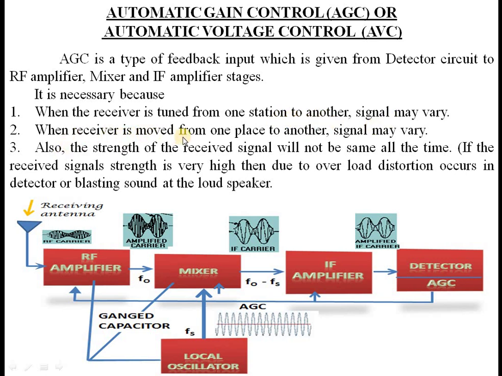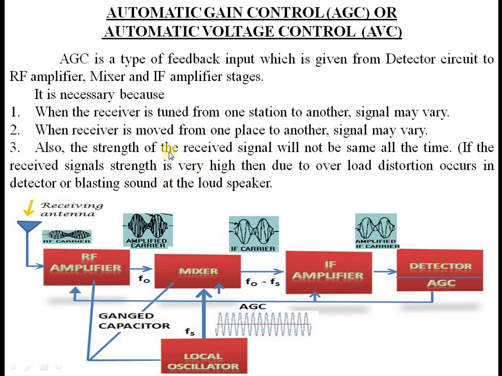Or when the receiver is moved from one place to another, again there are chances that the signal strength may vary. Also, sometimes due to atmospheric conditions, the strength of the received signal will not be the same. Hence, the received signal strength should be maintained constant.